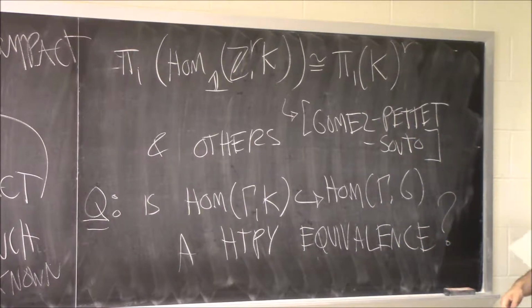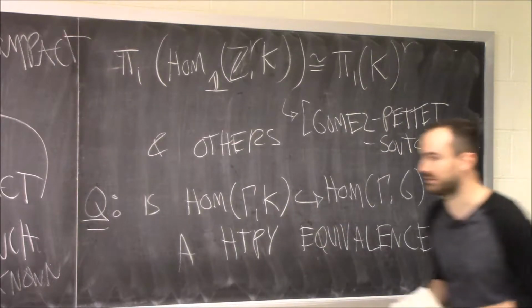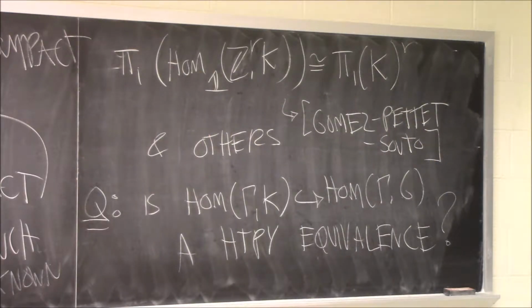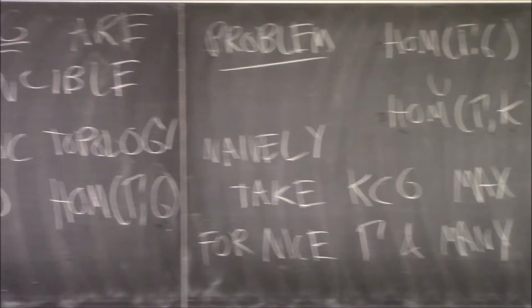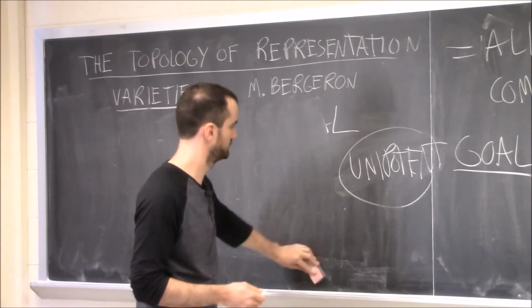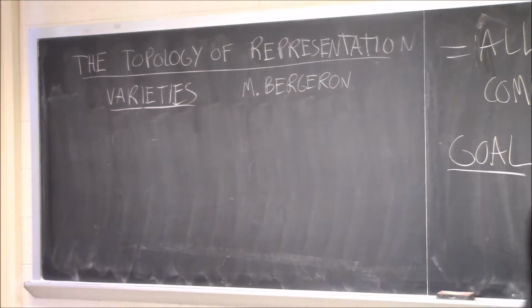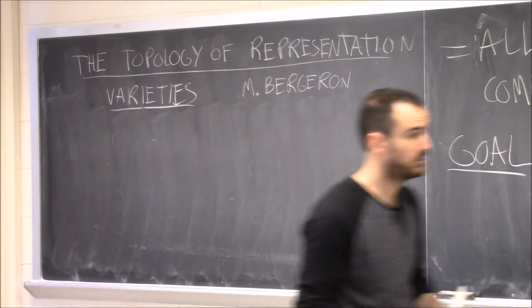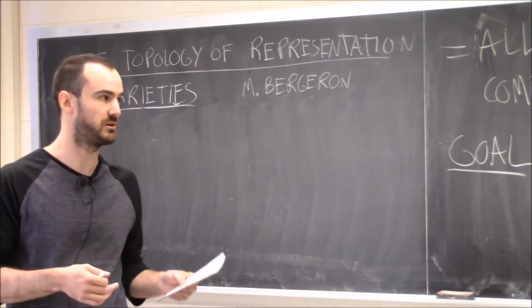Because if you had a homotopy equivalence, then all of these algebraic topology results you would get down here would immediately lift to the full space of representations. Okay, so the immediate answer is that in general it's not at all.